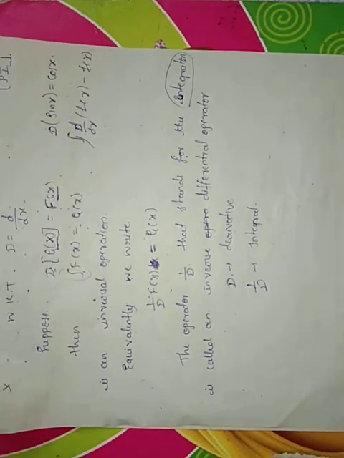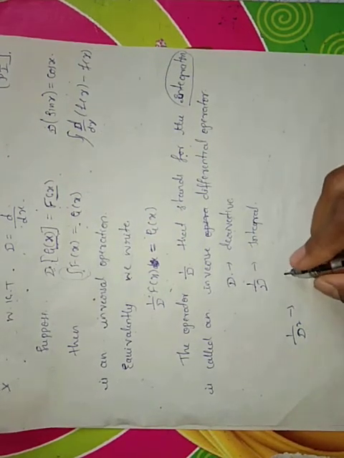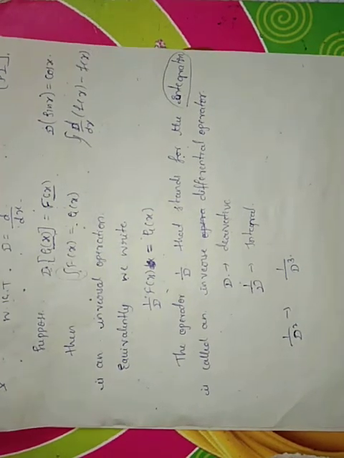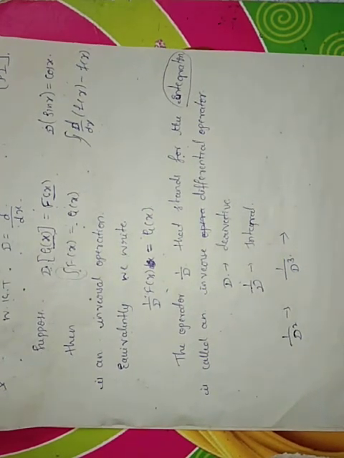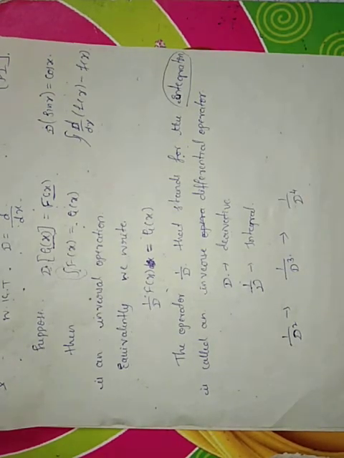So for the integral we use the symbol 1 by D. Similarly 1 by D square represents a second integral, 1 by D cube represents a triple integral, 1 by D raised to 4 represents a fourth integral, and so on.